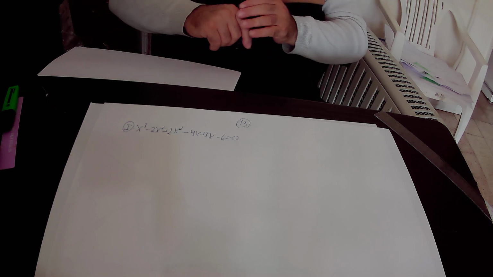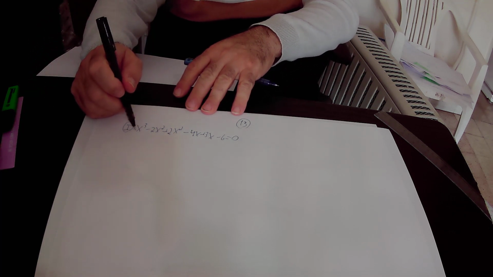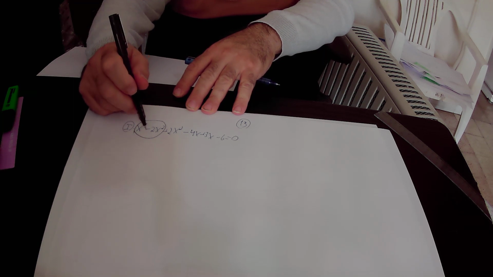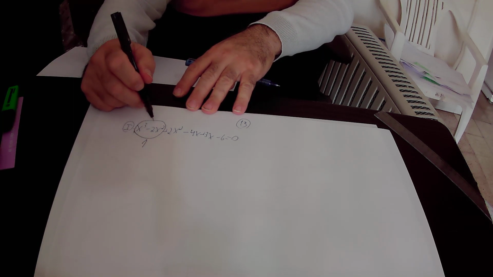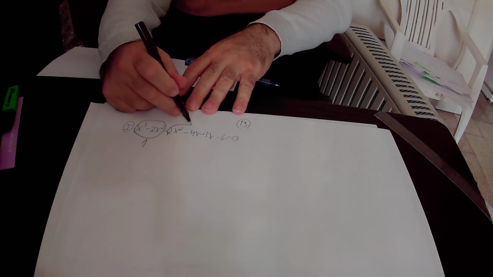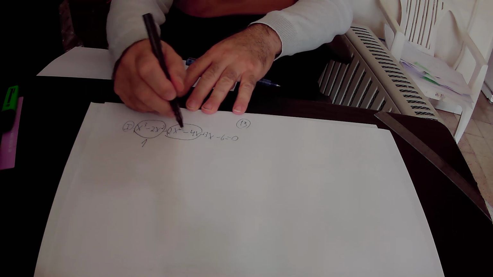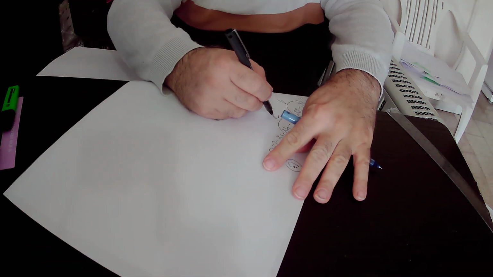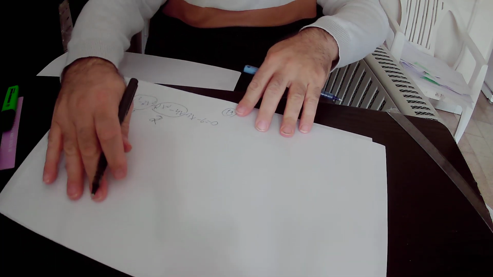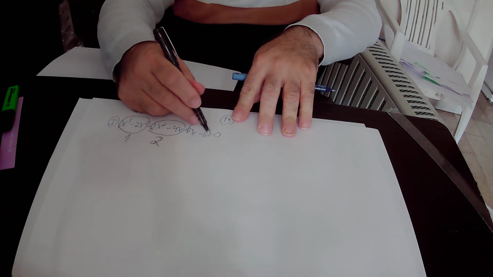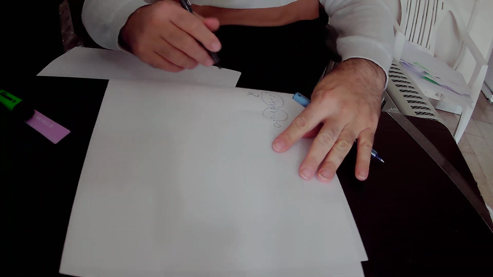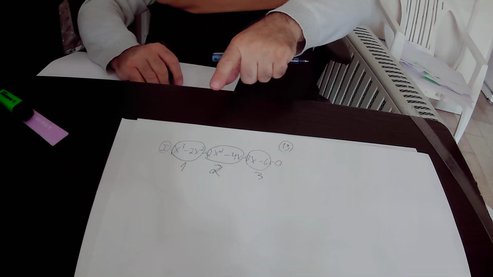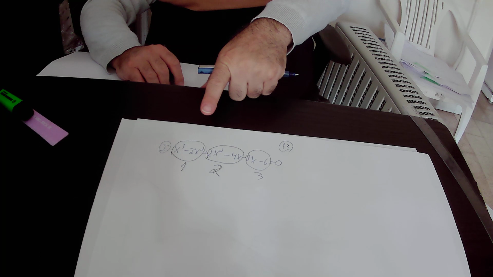So this will be the first part, this will be the second part, and this will be the third part. So we will take a common factor from each part.